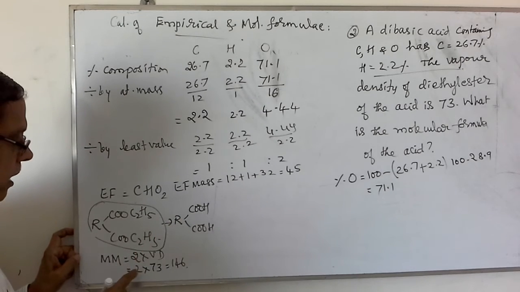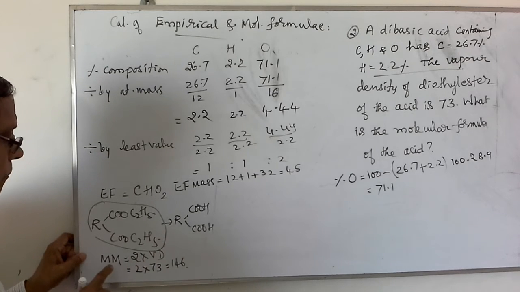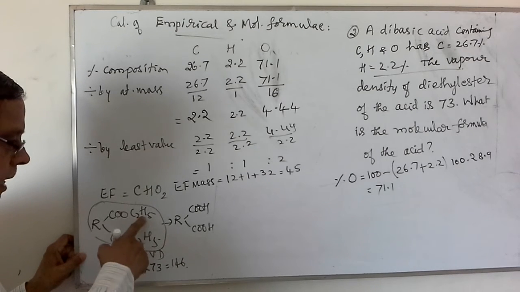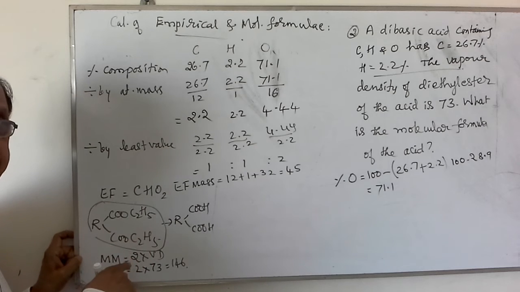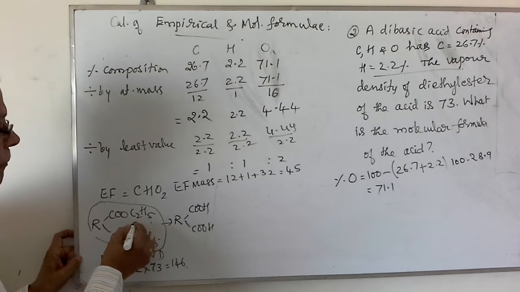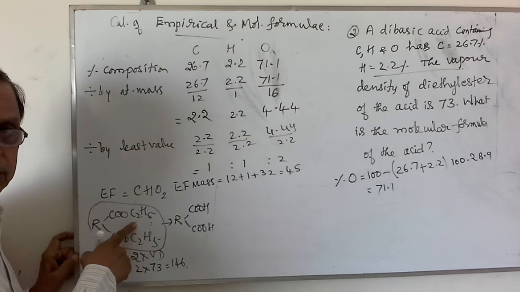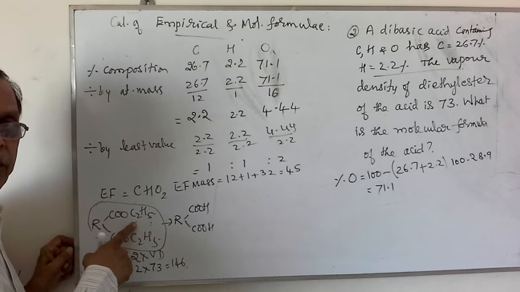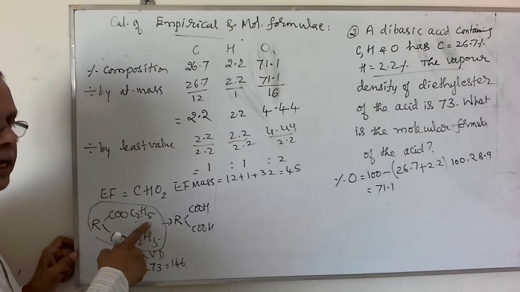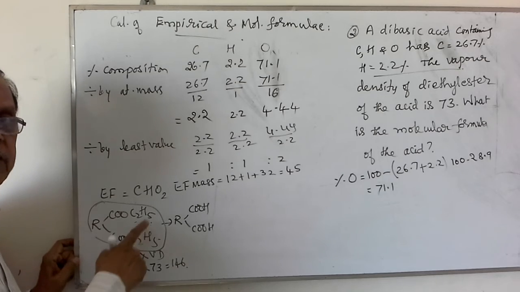To calculate the molecular mass of the dicarboxylic acid, we have to remove two ethyl groups and add two hydrogen atoms. For each ethyl group, the molecular mass is 24 plus 5, that is 29. So 2 C2H5 groups make 58.